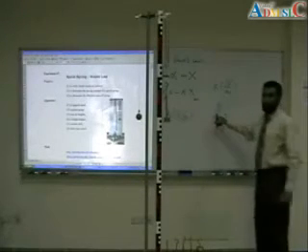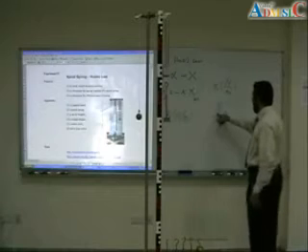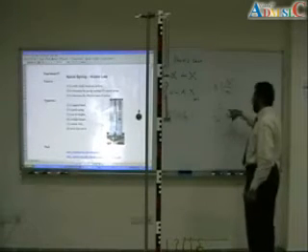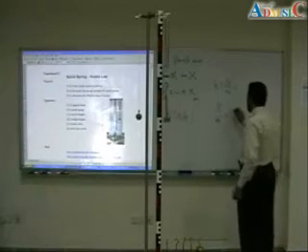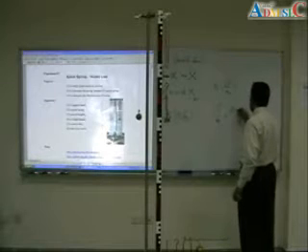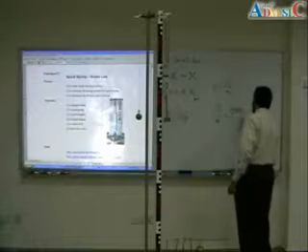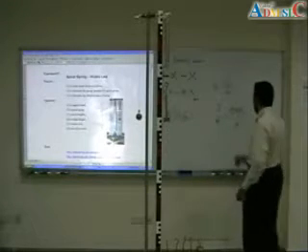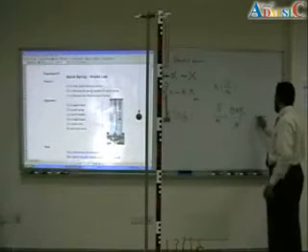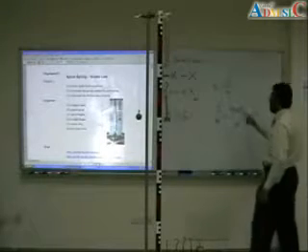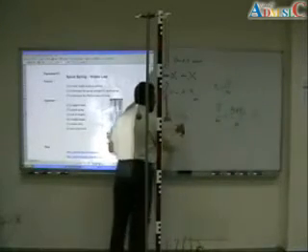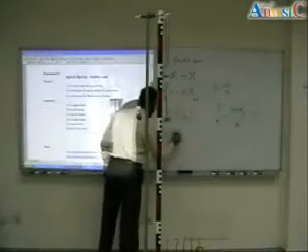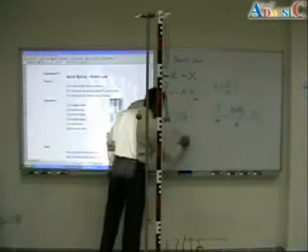Newton comes from Newton's second law, force equals mass times acceleration, and the mass is measured in kilogram and the acceleration in meter per second squared. The meter cancels with the meter, so I get kilogram per second squared. So actually K is measured in Newton per meter, or in kilogram per second squared.